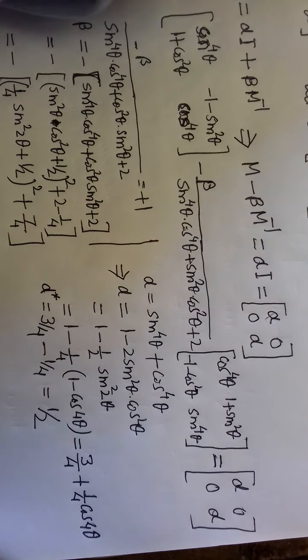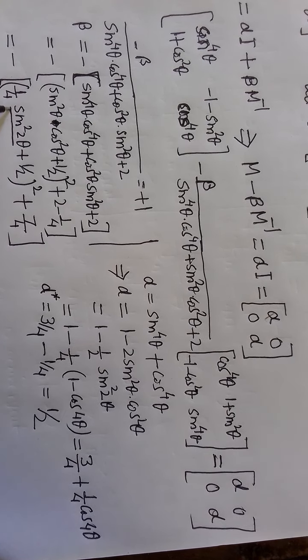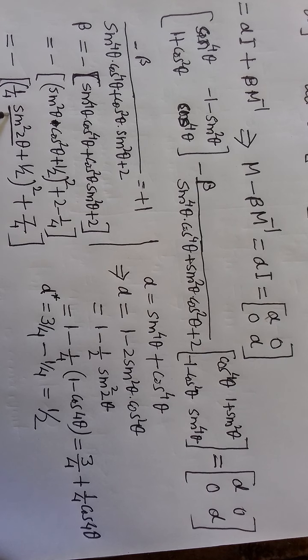From here we can find the minimum value. The minimum value will be when sine square 2 theta is 1.